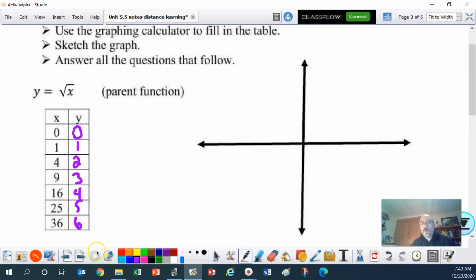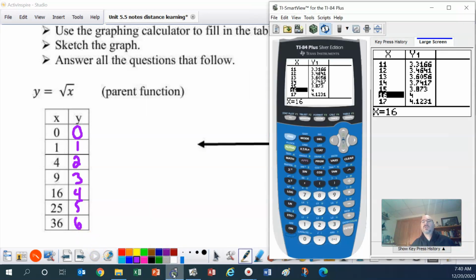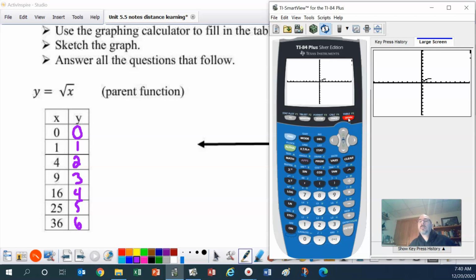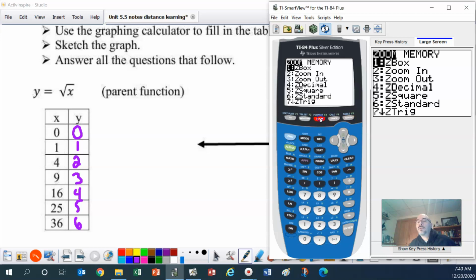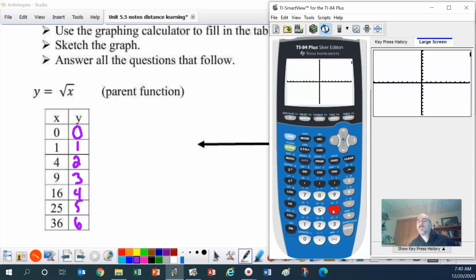Now, what does the graph look like? Okay, ladies and gentlemen, so let's hit our graph button. Now, if it doesn't show up like that, hit zoom 6. Okay, so the graph looks like that. It starts right here at 0, 0.